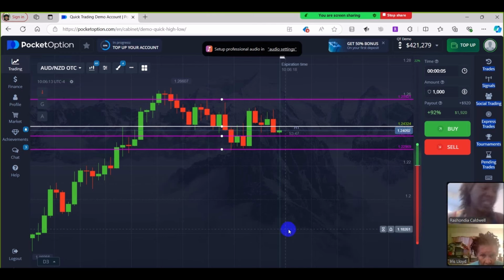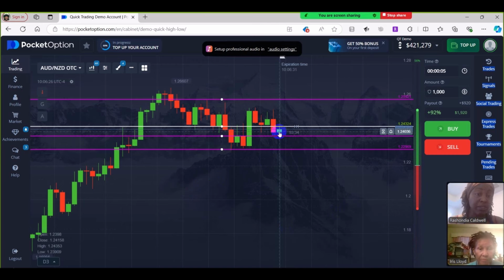So technically you don't really need any indicators because you are basing all your trades off of the previous weeks. And you look to the left, like this green candle, you got a green candle right here that came all the way up to that line, this white line, and then came all the way back down. This green candle is doing the same exact thing.